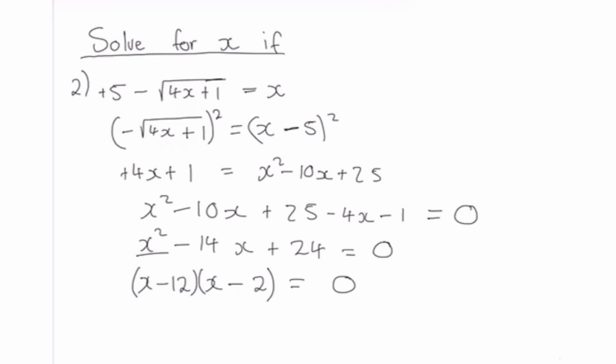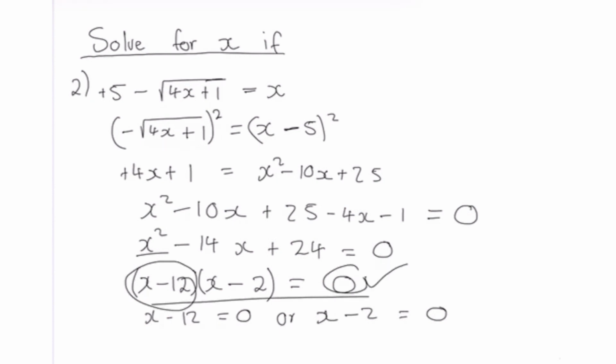Okay, now for this to be true, it's only when x minus 12 is 0, or when x minus 2 is 0. Because if I replace this guy with 0, this will be 0 and this will be true.